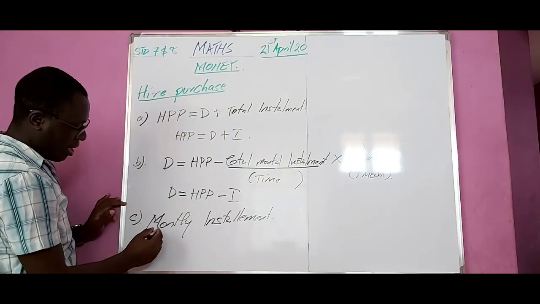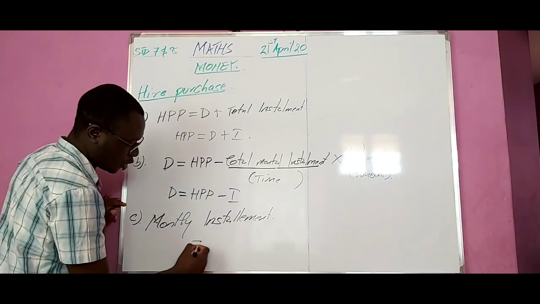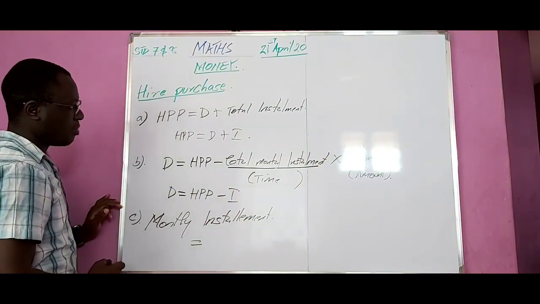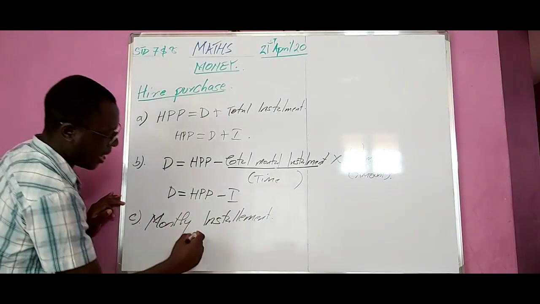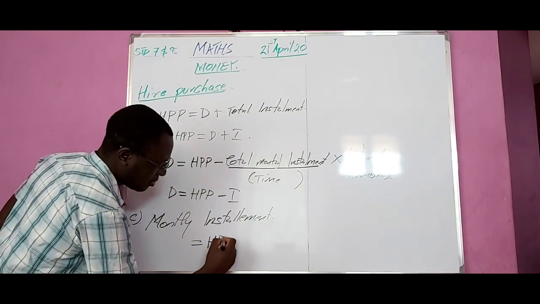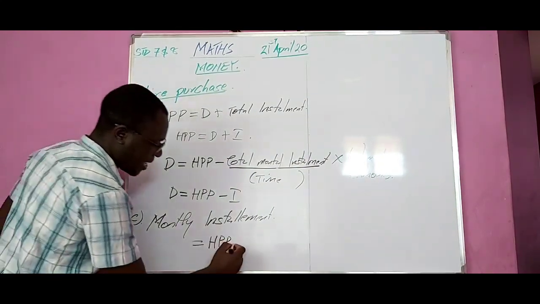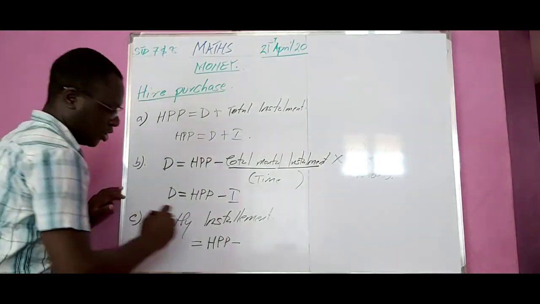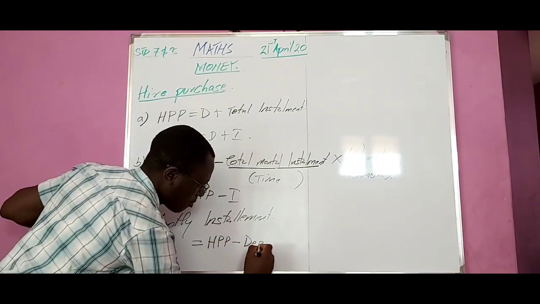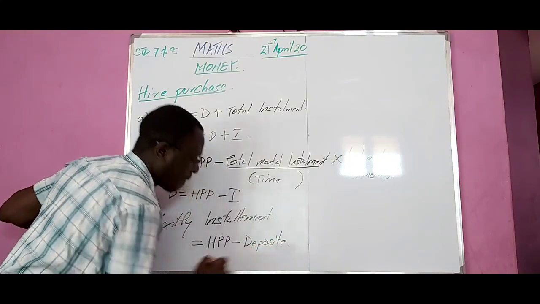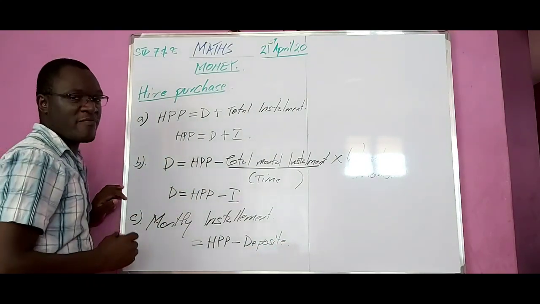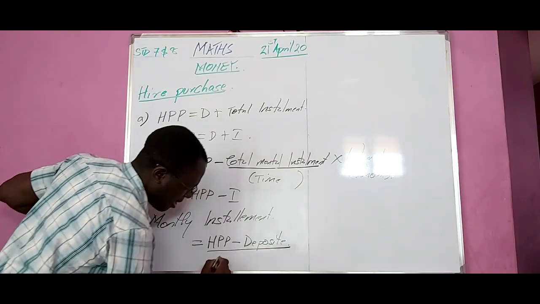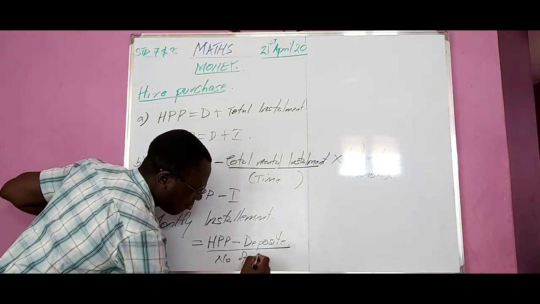So we say monthly installment is equal to hire purchase price minus deposit, divided by the number of months.